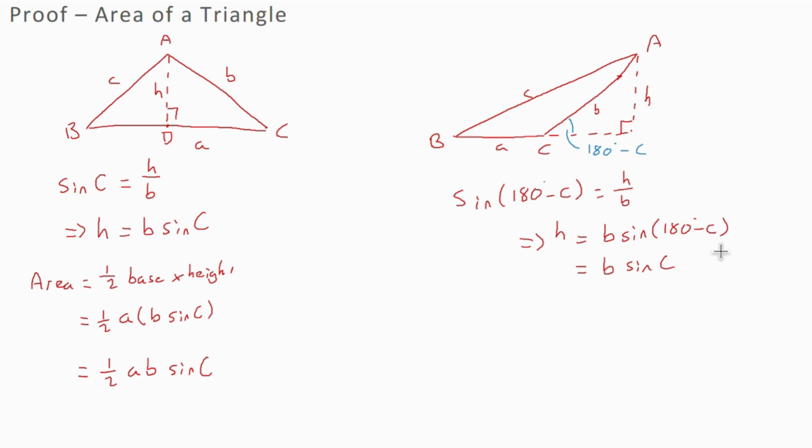We are going to see that result in a few lessons' time when we talk about periodicity and the unit circle. And once we have H is equal to B sine C, we do a very similar thing.